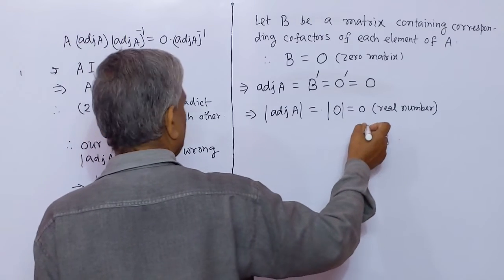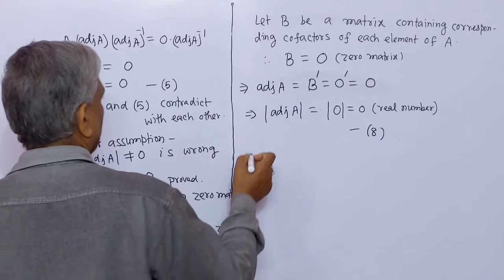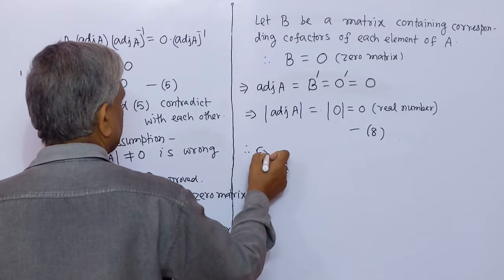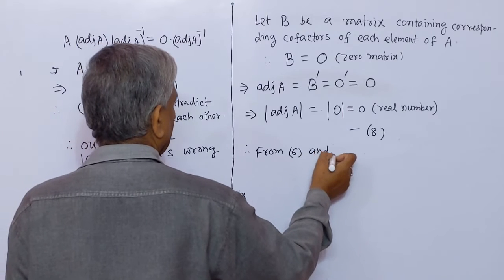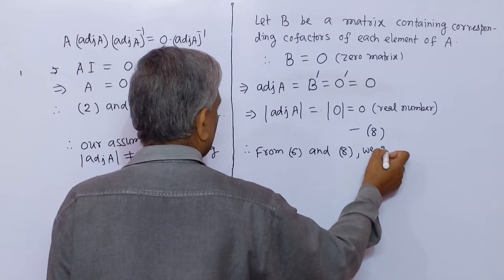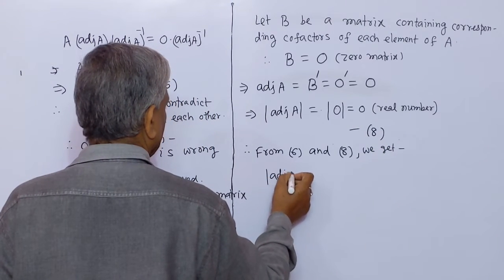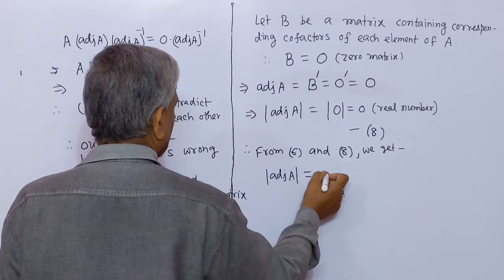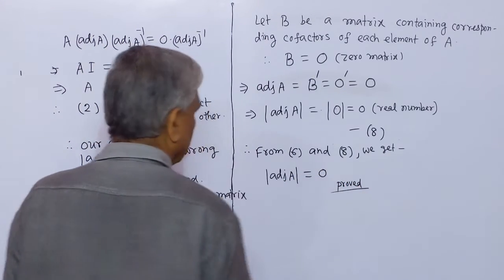This is number 8. Therefore, from 6 and 8 we get determinant of adjoint of A equal to 0. Proved.